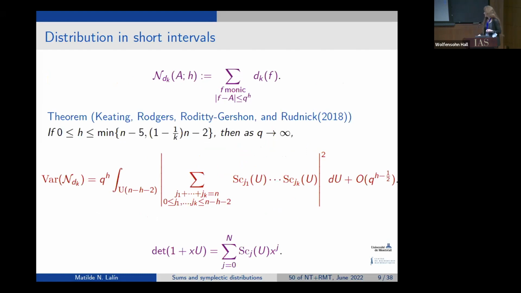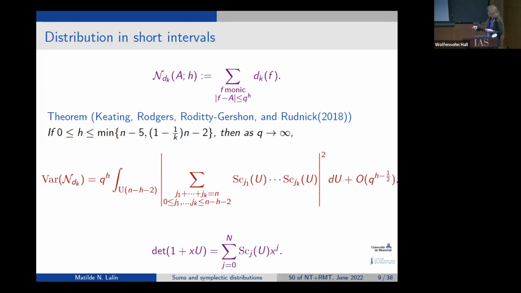What KR3 do is that as q goes to infinity, the variance can be described by an integral over unitary matrices. So what we have is the absolute value squared of the sum of a product of secular coefficients.